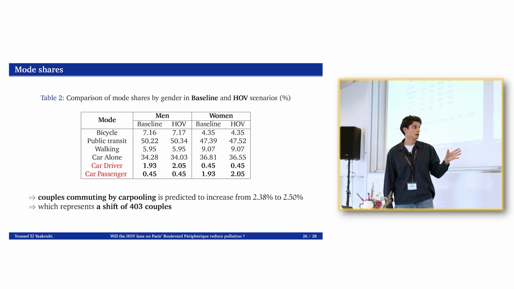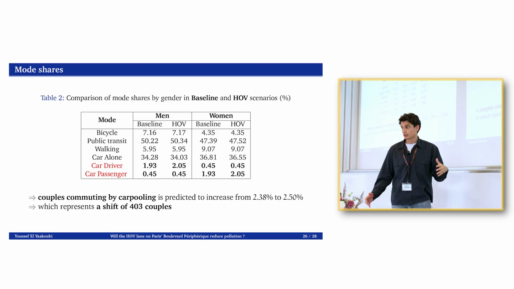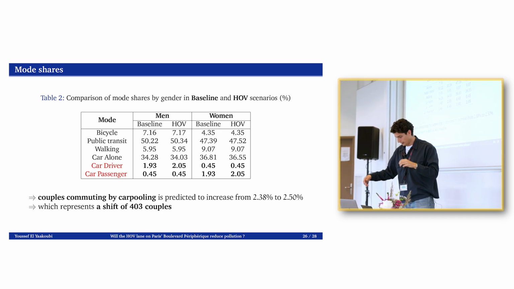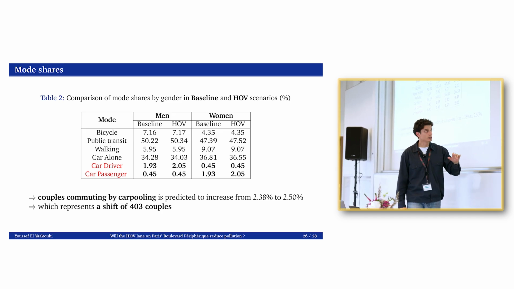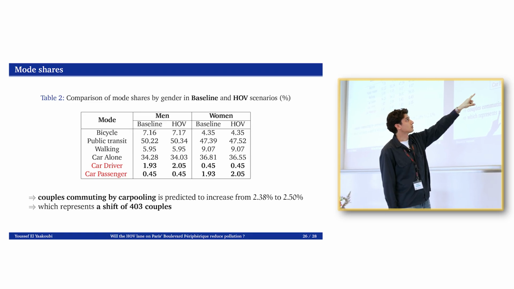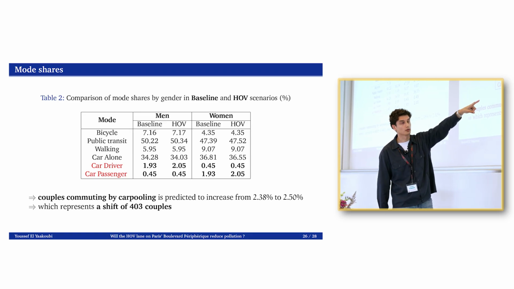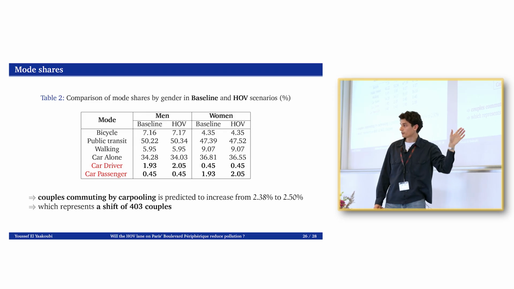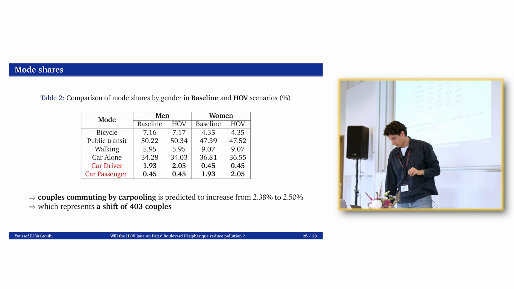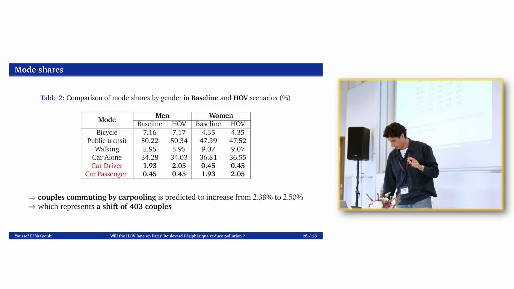This represents 403 couples that will shift from another mode to carpooling. And we can see that the car alone option slightly decreased for both the man and the woman. So it's from the car alone that they are shifting towards the carpooling options.